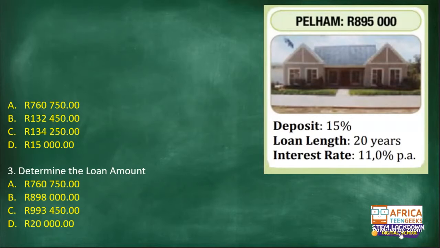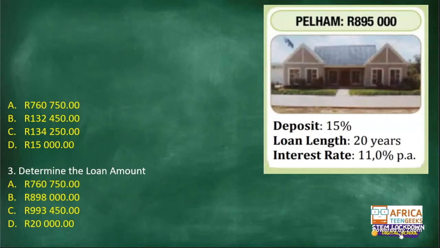Then if you want 15% of 895,000 rands, you'll have 15 out of 100 multiplied by 895,000 rands. And you will see that the answer that you will get will be C, which is 134,250.